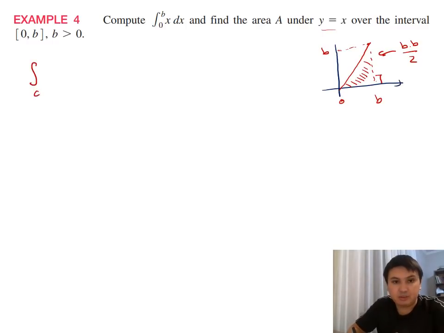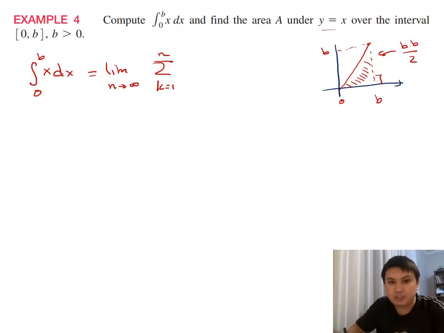If you go back to the slides where we defined the definite integral for a continuous function, and y equals x is a continuous function, it was something like the limit as n goes to infinity of the Riemann sum, with k from 1 to n.